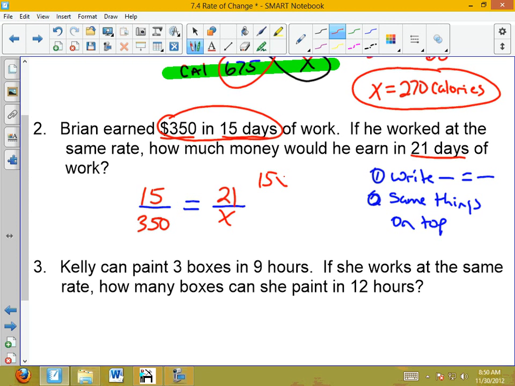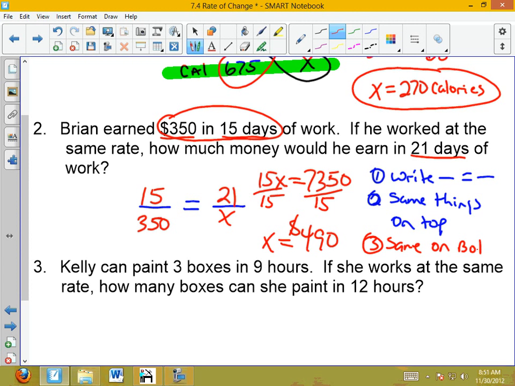So this gives me 15X equals $7,350. Divide by 15. X equals $490. So same things on top, 3. Same on bottom, 4. Solve. Those are your steps.